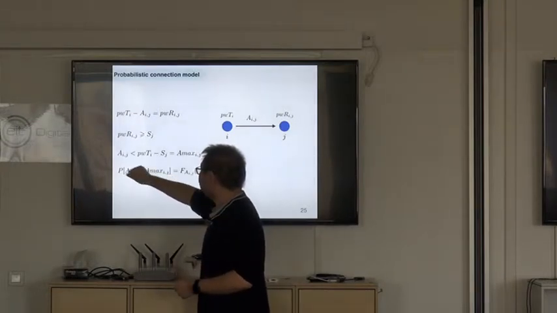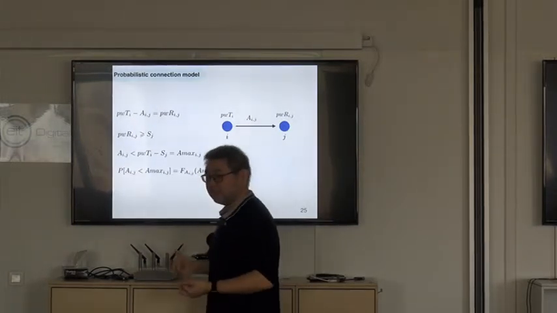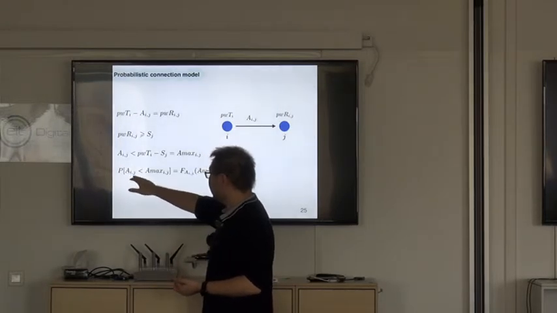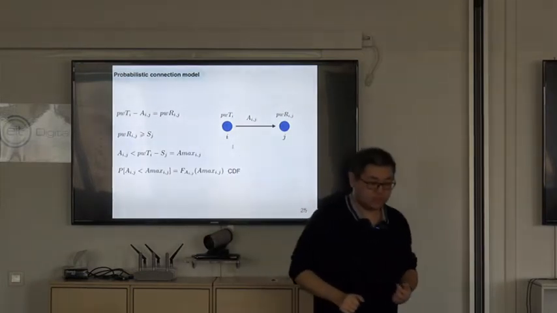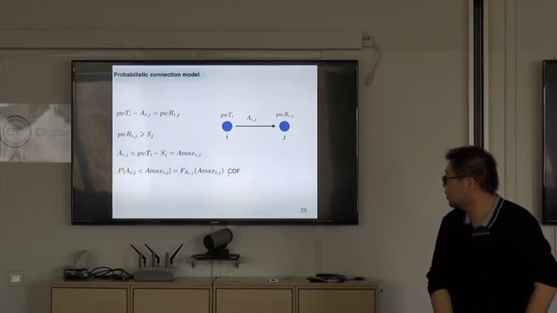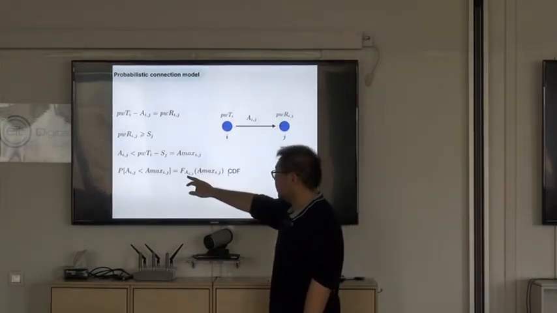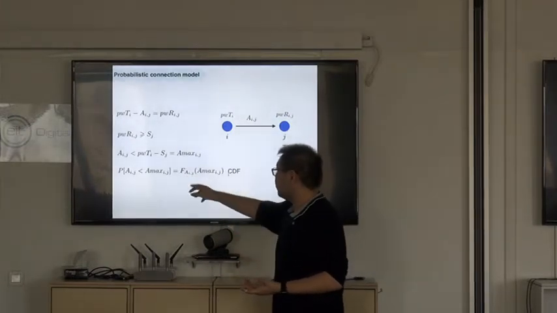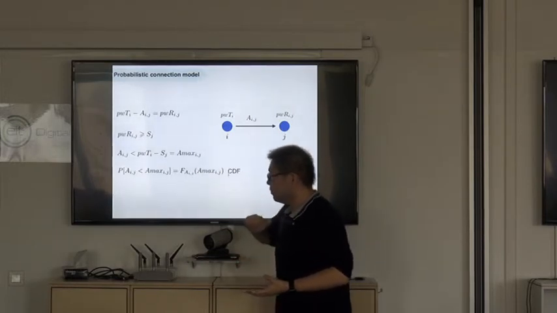So we see the probability that this connection exists is the probability that the random attenuation Aij is smaller than this value, and it can be represented by the CDF of this random attenuation Aij, because we model Aij by the normal distribution, so we know this function.